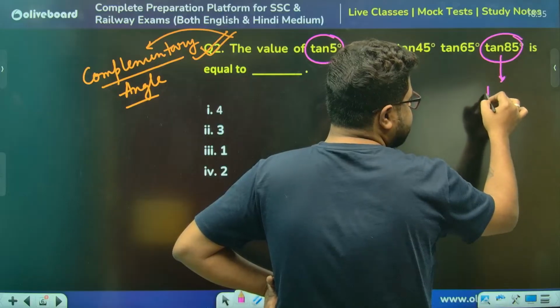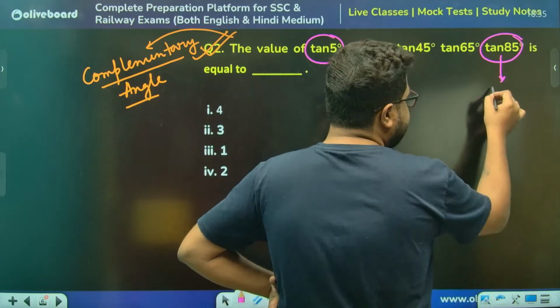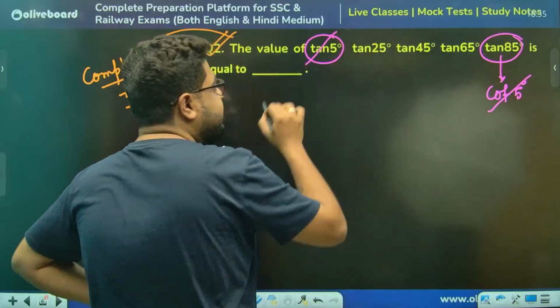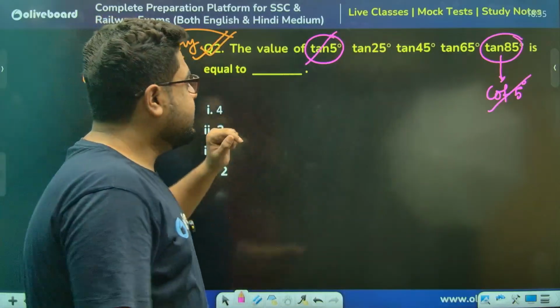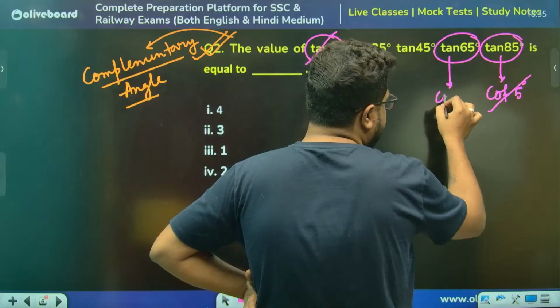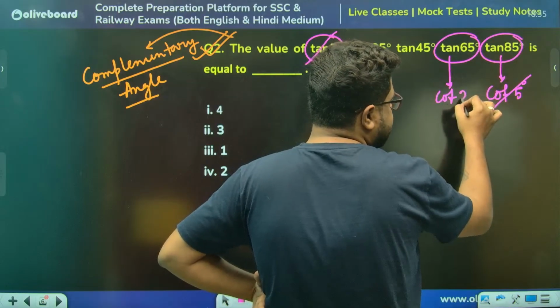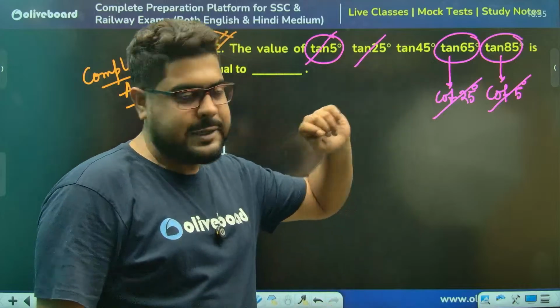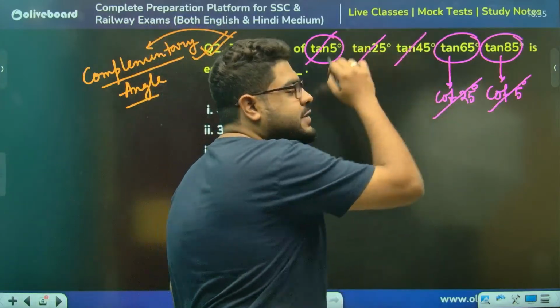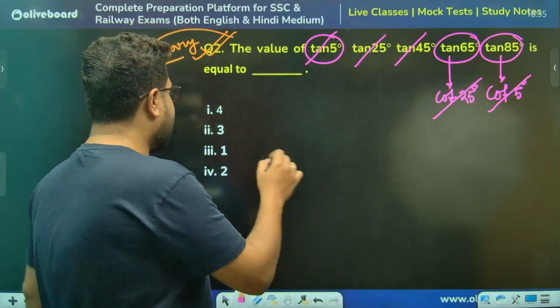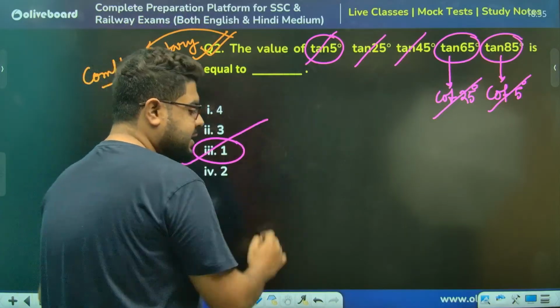Tan 85 means cot 5 degrees, and tan 5 and cot 5 is equal to 1. Tan 65 means cot (90 minus 65), that is cot 25 degrees; tan 25 and cot 25 is 1. And tan 45 itself is 1. So 1 into 1 into 1 is 1 itself, option number 3.